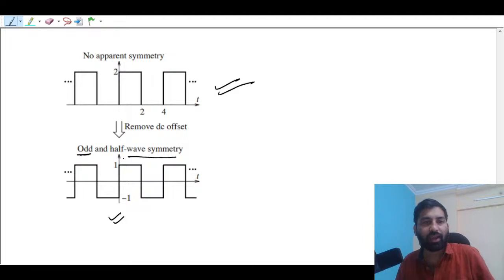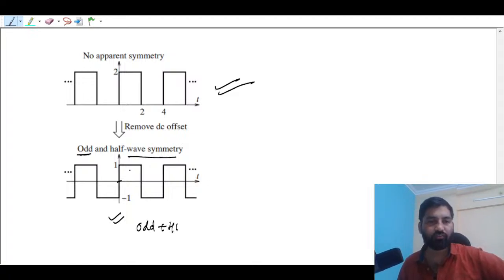It is odd, right? At the origin it is 0, and about 0 it is symmetrical, understand? So it has odd plus half wave symmetry.